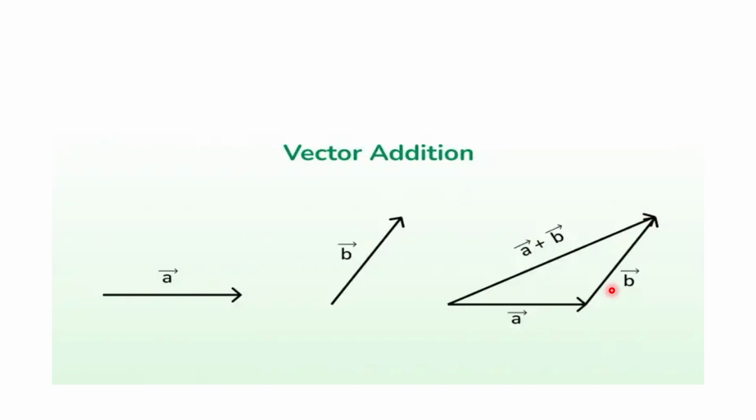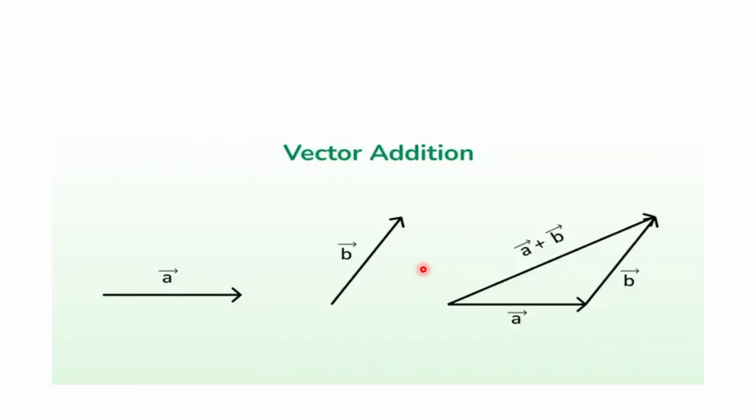In this way, they both will be connected. The line from the tail of the first vector to the head of the last vector will be the resultant, and that resultant is equal to vector A plus vector B.